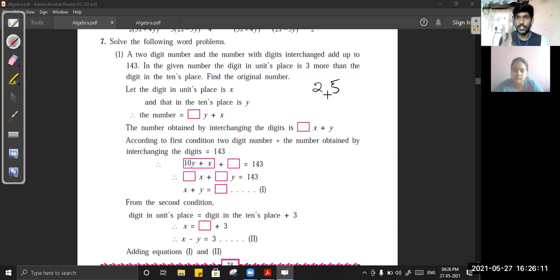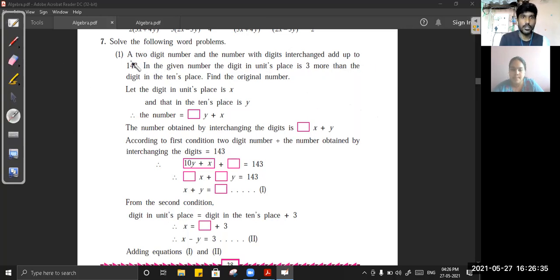Interchange the numbers. So what will it become? 52. So they're saying that a 2-digit number and the number after interchanging it, if that is added, then you get 143. That number is not 25. I'm just giving an example.